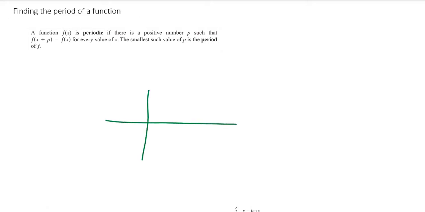Let's say I draw a graph of this shape, and you can see that it starts from 0, ends up at 2, then 4, and then 6. So you can say that after this much it repeats the same shape.